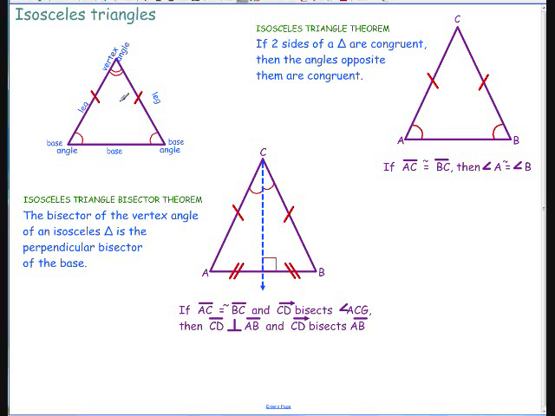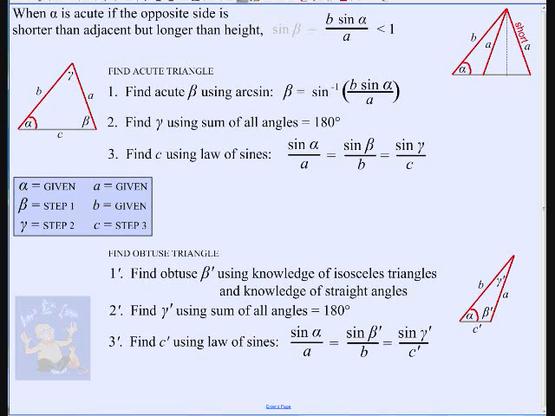The legs are also congruent. The bisector of this vertex angle is a perpendicular line, making right angles here, which bisects the base. That is something you want to remember as we go forward.